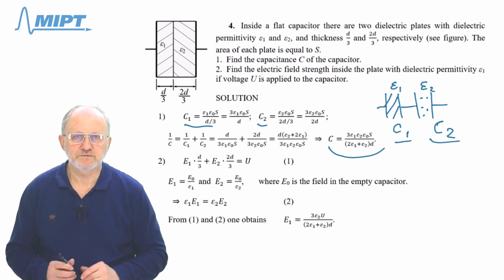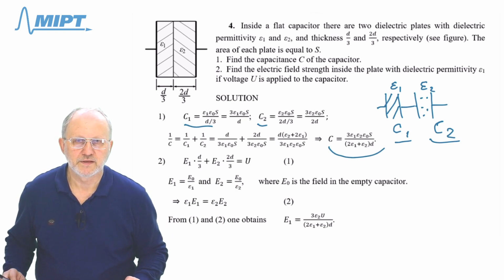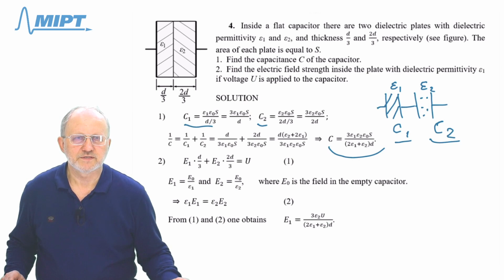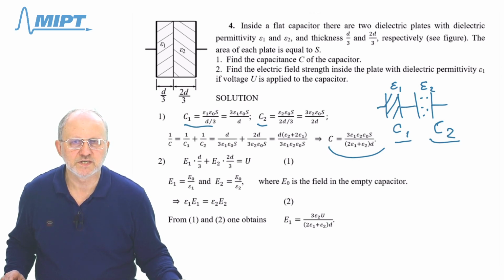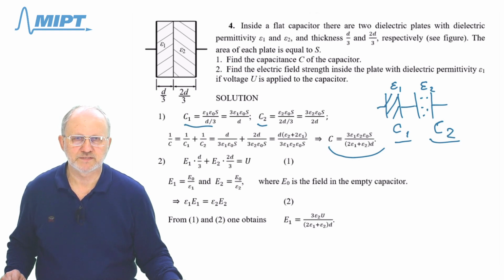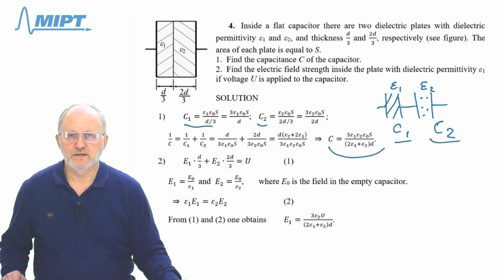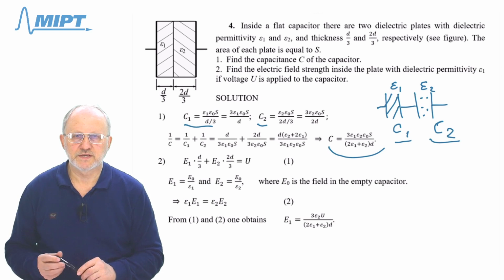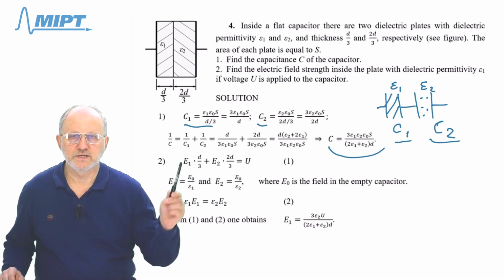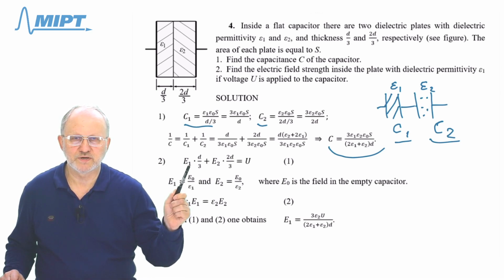The second question in this problem is, find the electric field strength inside the plate with dielectric permittivity epsilon 1 if voltage U is applied to the capacitor. So we suppose that we know electric field strength in the first capacitor, which is denoted as E1.